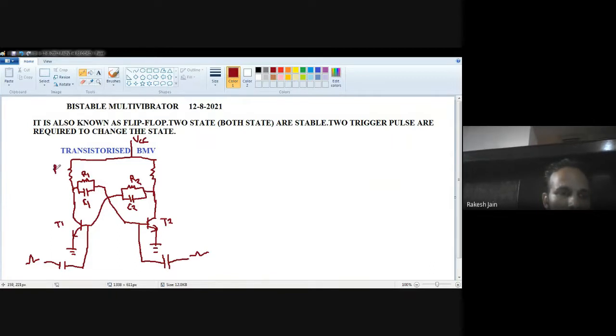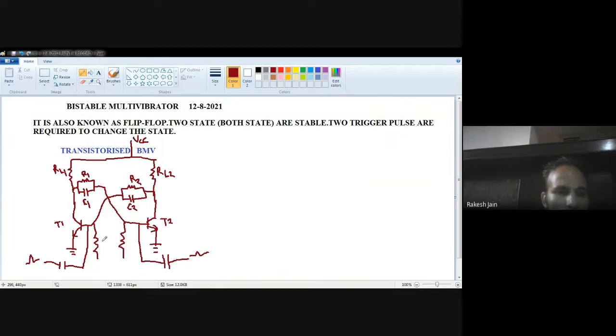Now those two resistors are known as load resistor 1 and load resistor 2, which are connected with the power supply of any value. Now the bases are connected with the trigger pulses, so that base supply we have to apply via resistors, like in the previous case. So a resistor is used here, a resistor is also used here.